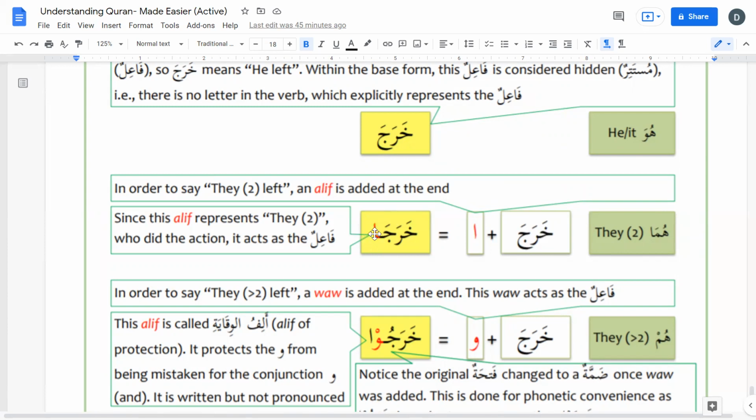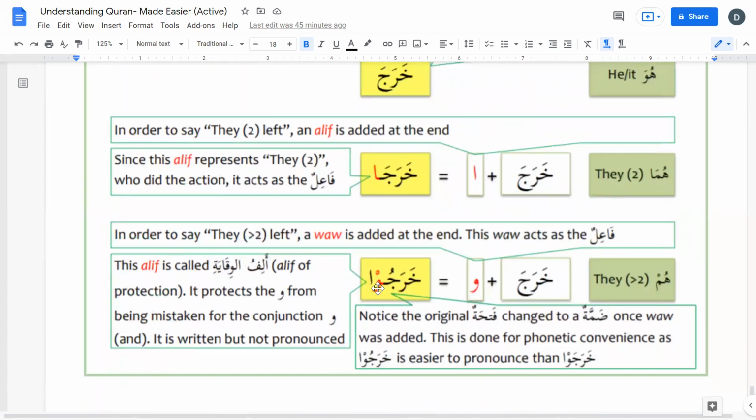And this waw is wawul jama, because it denotes jama, like the plural version of huwa.